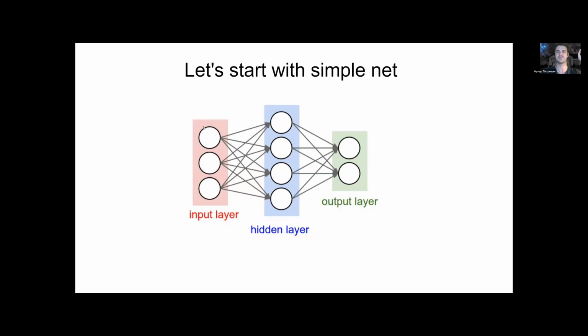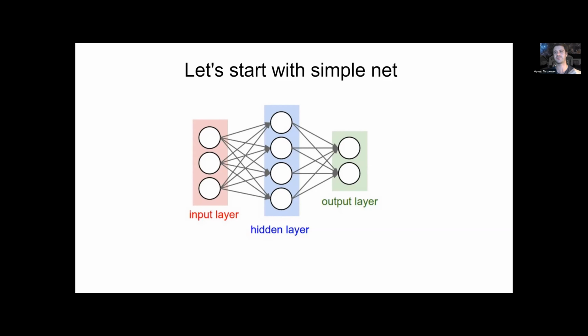We take the first neuron, multiply it by some weight, take the second neuron, multiply it by some weight, and do exactly the same with the third one, and we get an intermediate hidden neuron. We do exactly the same with all 4 hidden neurons, and finally we do the same with the next layer. We take the hidden layer neurons and linearly transform them to the output layer.